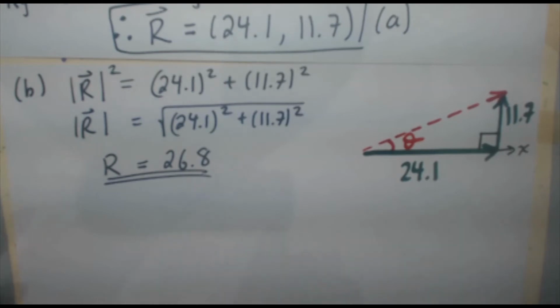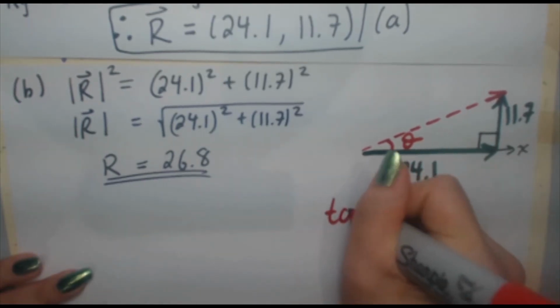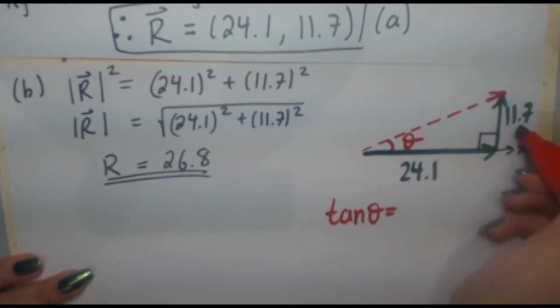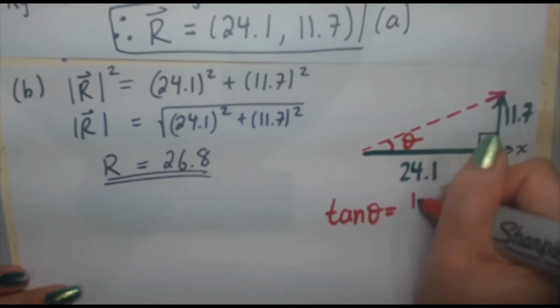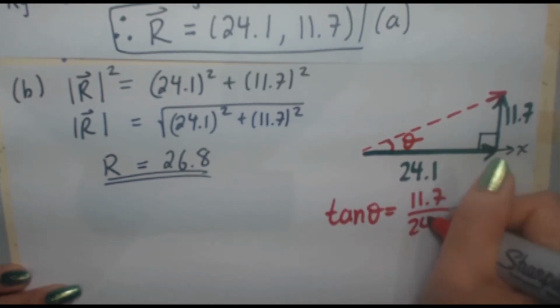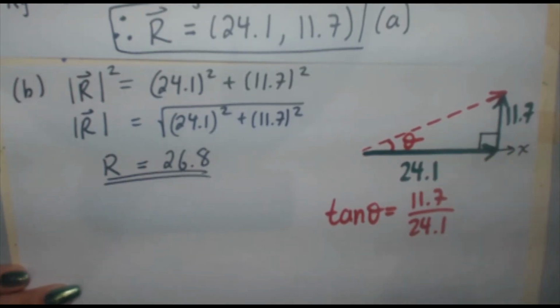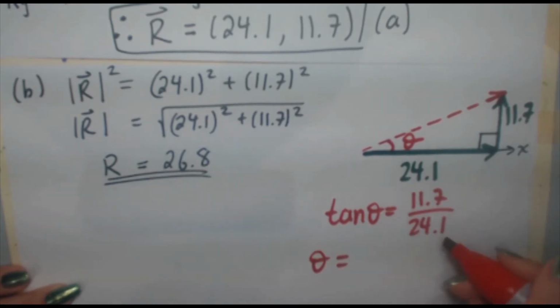Okay? And we do that using our trusted tan. Okay, so tan theta is equal to opposite, which is 11.7, over adjacent, 24.1. Okay. 11.7 over 24.1 gives you 0.4855, and in order to get theta by itself, we have to do the opposite operation to both sides.